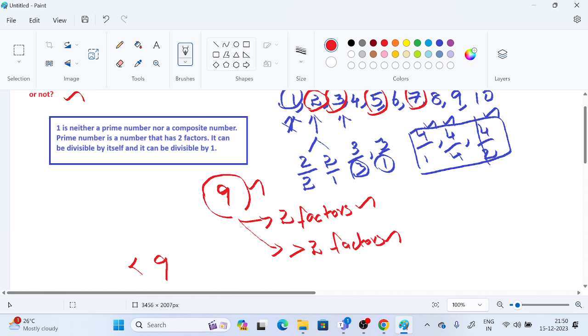What are the numbers that are lesser than 9? If we talk about whole numbers, it can be 1, 2, 3, 4, 5, 6, 7, 8. These are the numbers that are lesser than 9. What are the numbers that are greater than 9? 10, 11, and so on. These are the numbers that are greater than 9.